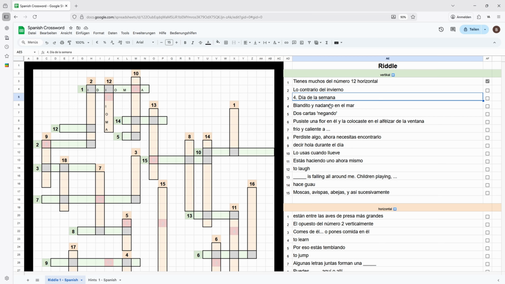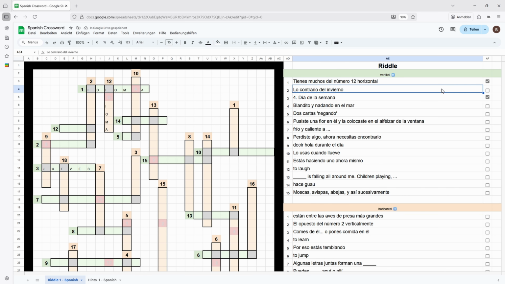So Monday is the first day, and then the fourth day is Thursday, and Thursday is in Spanish jueves. So let's find three. Jueves. Then that one is done.